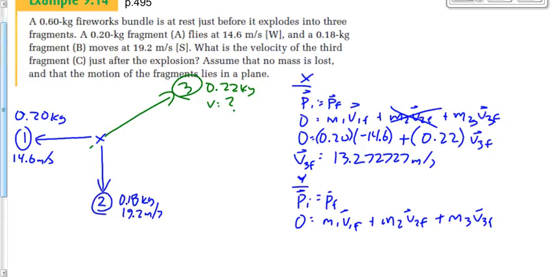Analyzing X, ignore Y. Analyzing Y, ignore X. 0 times 0.2 kilograms is 0. Mass number 2, 0.18 kilograms. V2F, negative 19.2. Negative because it's going to the south there. M3, 0.22. V3F, that's what we're looking for here.